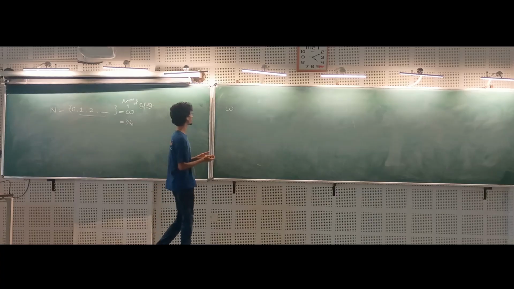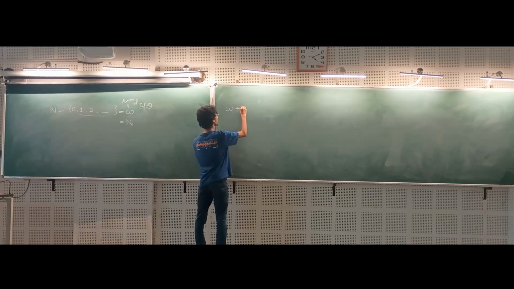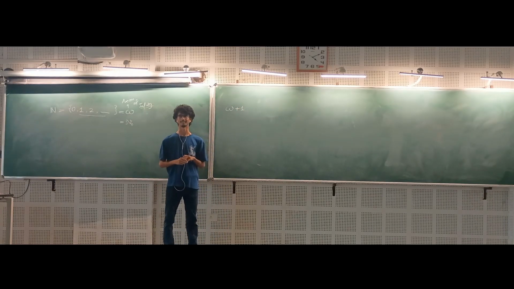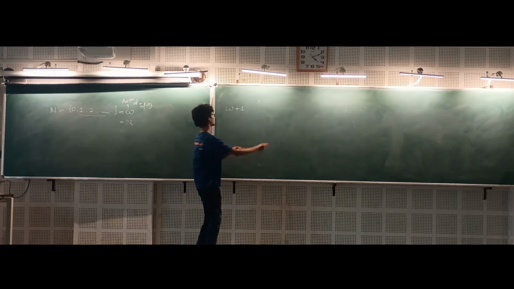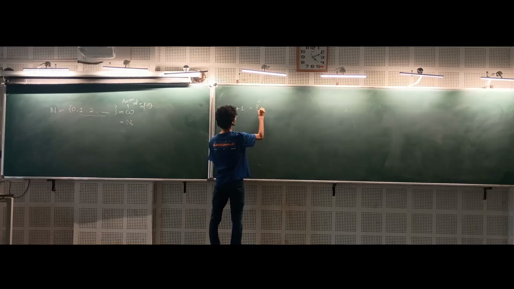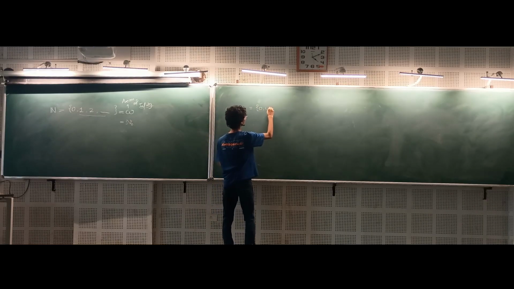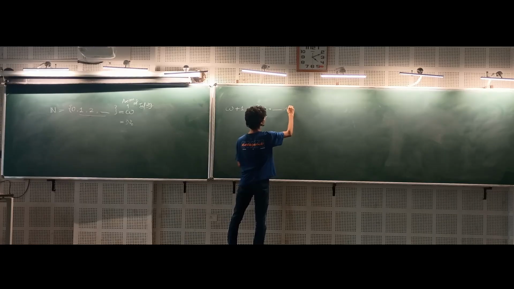Now, there is nothing stopping me from defining omega plus 1. I have omega. I can define omega plus 1. What is this? This is just 0, 1, 2, and so on, and at the end, there is an omega.